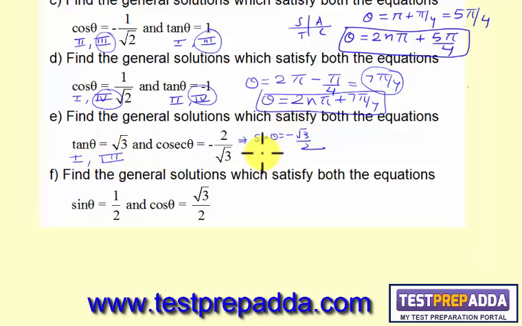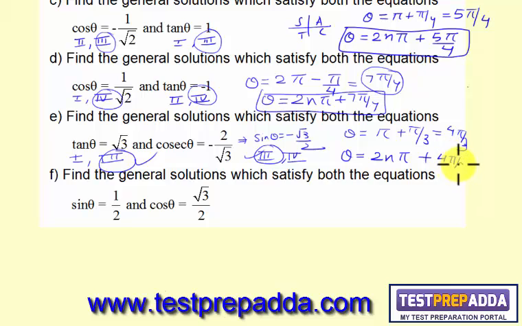Sin theta is negative, so it should be either in the third quadrant or in the fourth quadrant, and that is why theta which satisfies both the equations must lie in the third quadrant. Okay, and that is why theta will be pi plus pi by 3, and that is 4 pi by 3. So the general solution can be written as 2n pi plus 4 pi by 3.